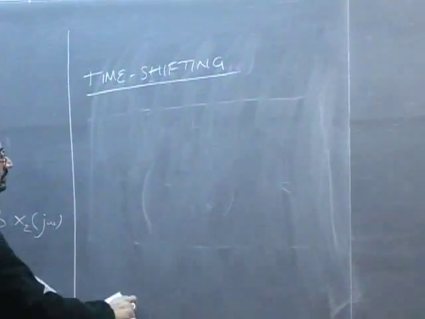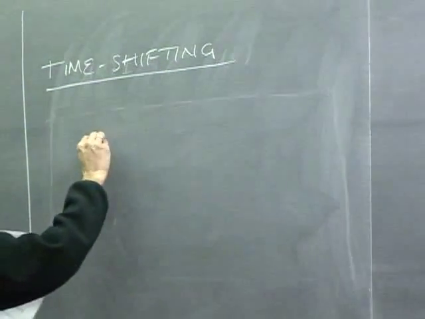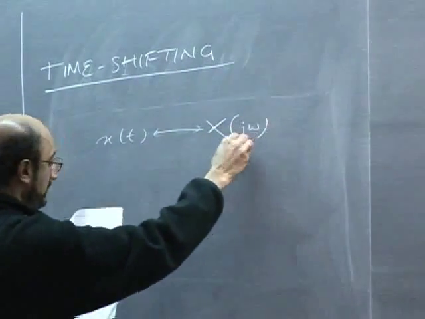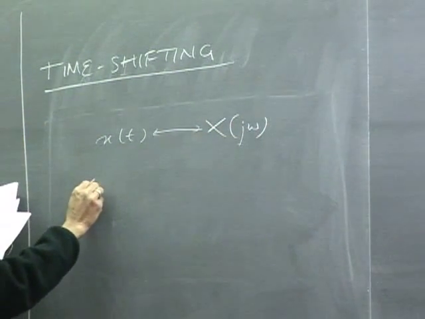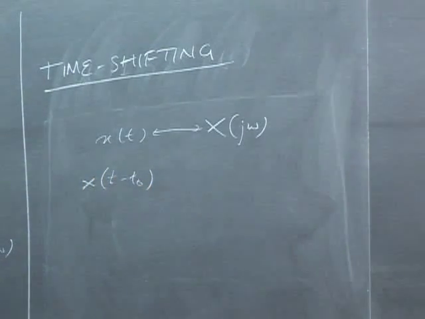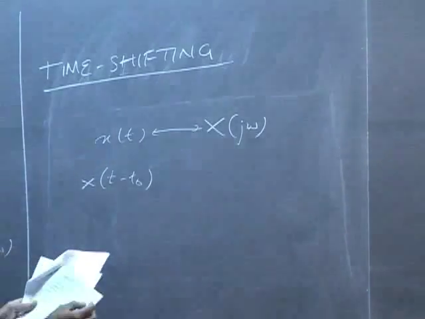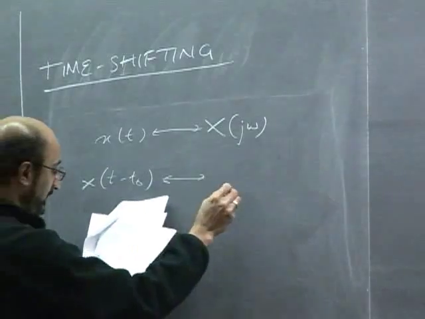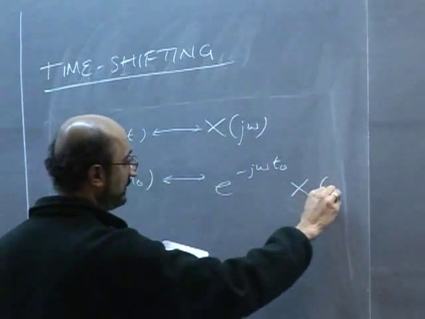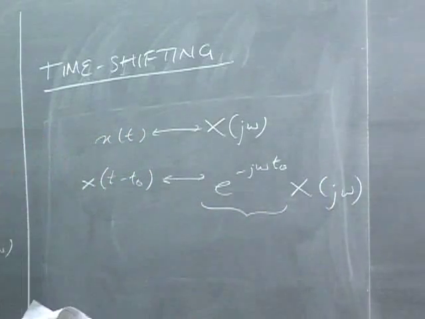Time shifting basically says that if x(t) corresponds to capital X(j omega), then x(t minus t0), where I'm shifting the signal x to the right by the value t naught, corresponds to multiplication of the transform X(j omega) by the factor e^(-j omega t naught). So we have this factor over here, e^(-j omega t naught), on the transform.